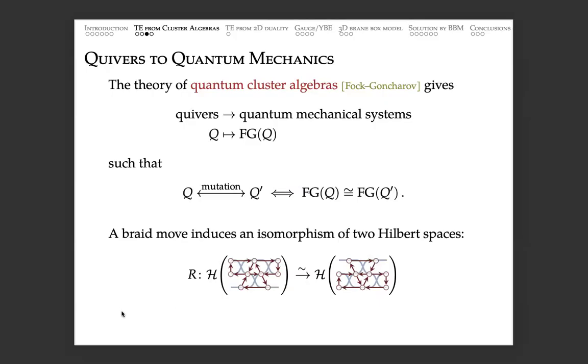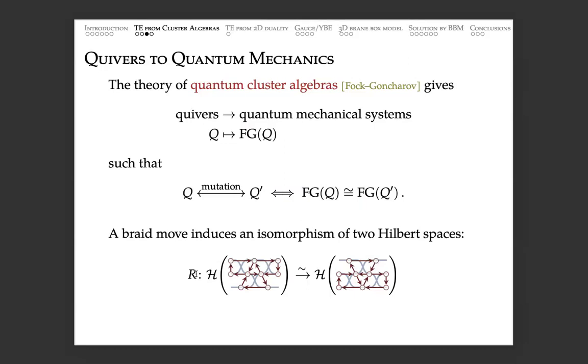So this braid move actually induces an isomorphism of two Hilbert spaces of two quantum mechanical systems, which I call R. And this R is going to be the R matrix, which satisfies the tetrahedron equation.